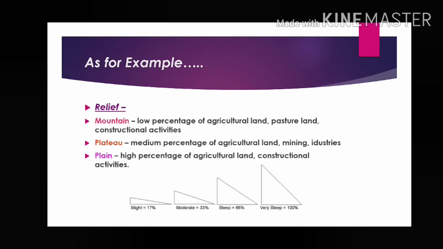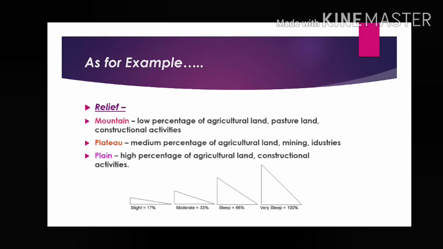Like in Jharkhand, iron ore is available, coal is available. That's why Bokaro steel plant is present, Tisco, Tata Iron and Steel Company in Jamshedpur, these are present. Jharkhand is coming under plateau region. Jharkhand has minerals like coal and iron ore. That's why Jharkhand has industries also like Bokaro steel plant and Tisco, Tata Iron and Steel Company.